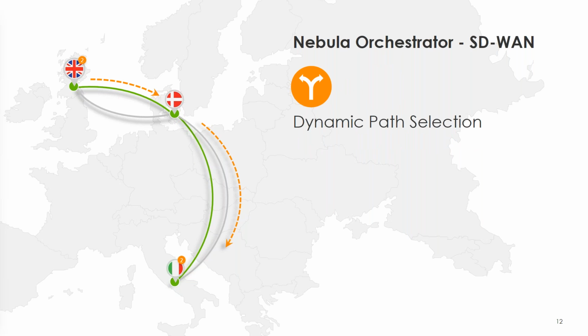Dynamic path selection continuously measures the connection quality between the locations, and if it finds a degraded connection, it is able to use the best path available for certain applications based on certain parameters.